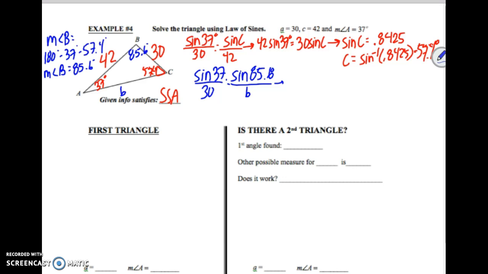And to solve for b, we are left with b equals 30 sine of 85.6 degrees, all divided by sine of 37 degrees. Kind of just did two steps in one, but as you get more comfortable with these problems, you'll be able to do the same. So then b equals 49.7.